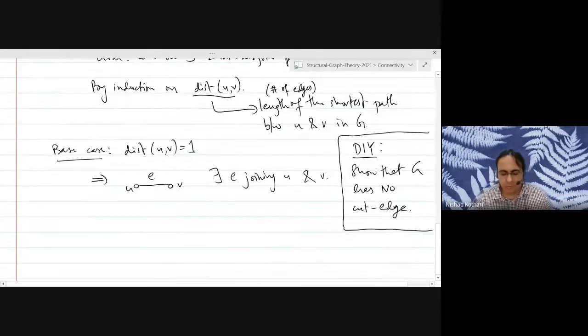So now what do we do? Any ideas how to complete the proof in the base case?